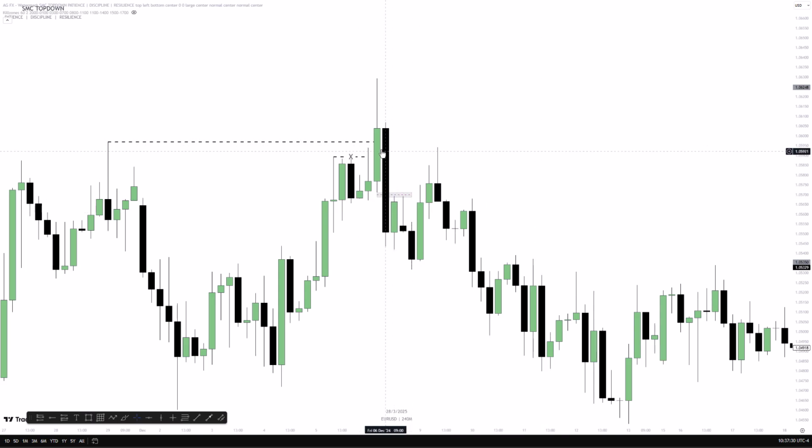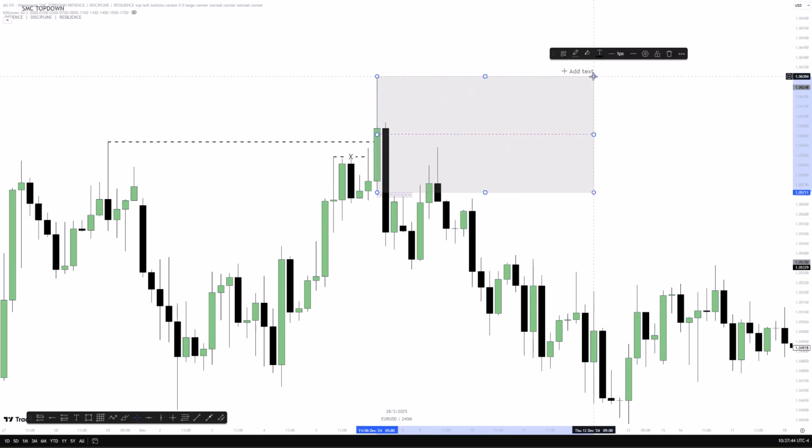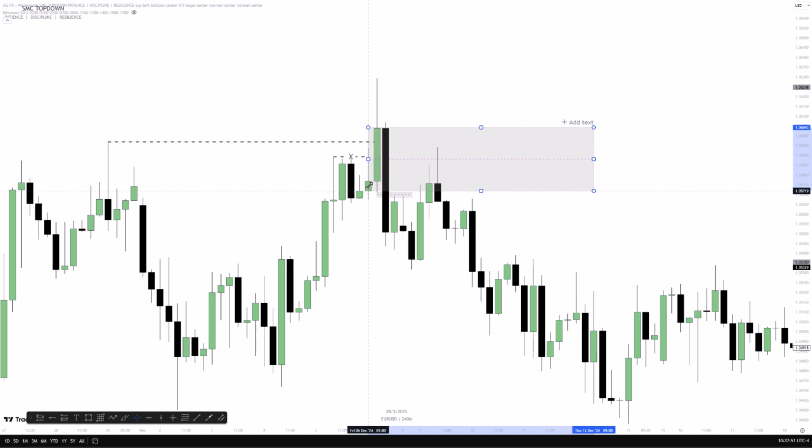This tells us that this last up-close candle is the bearish order block. So you can mark it from this high to this point, you can mark the closing and the opening price as the order block.